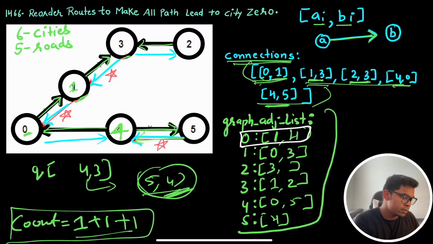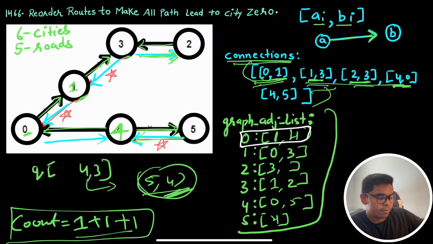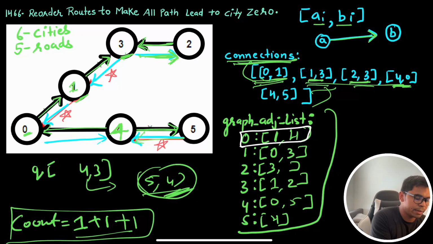Then we only want to count the roads that were not present in my connections. While I was visiting these roads, this road didn't exist, but I don't need to actually count it. Why? Because I don't need this road while visiting 3, because there is already a road that was present in my connections.